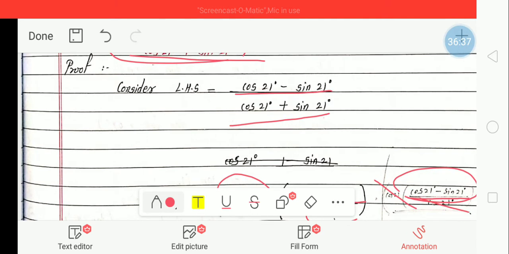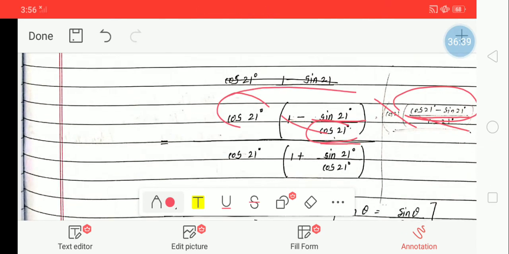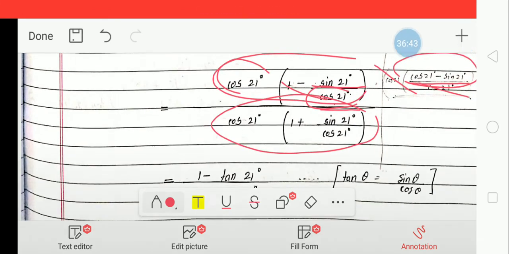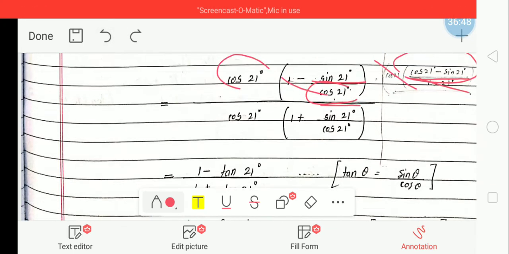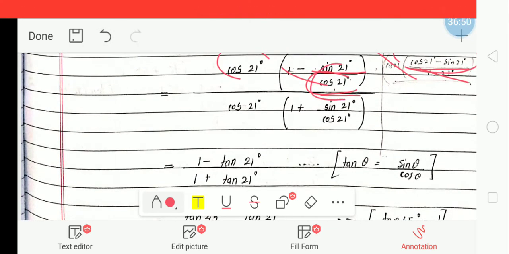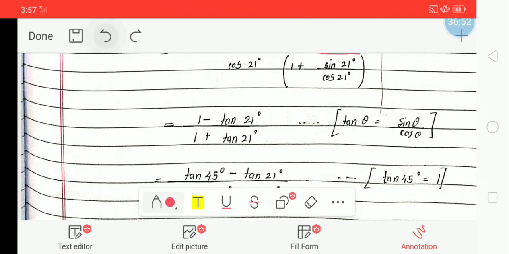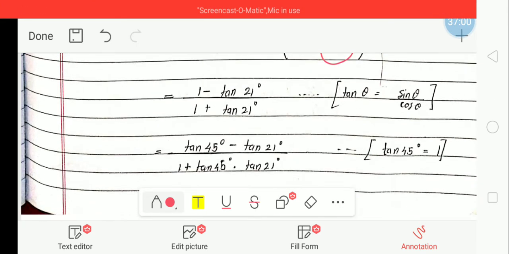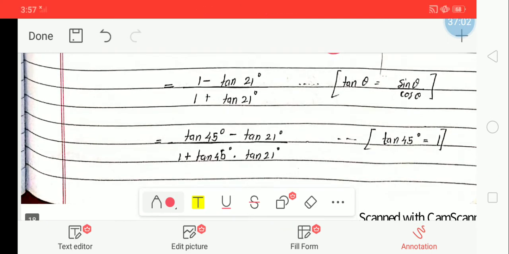So this equation we can also write in this way, using this one. Now sin divided by cos means tan. So 1 minus tan of 21 and 1 plus tan of 21, because we know that this is the tan, and this cancels. We know that tan of 45 is 1, and this is also 1 multiplied by tan of 21.